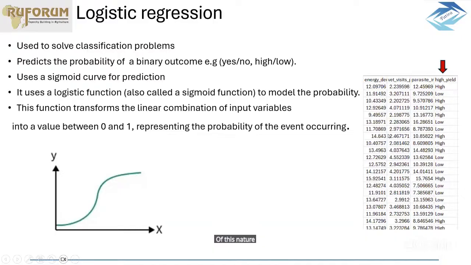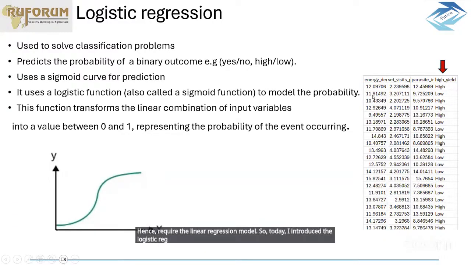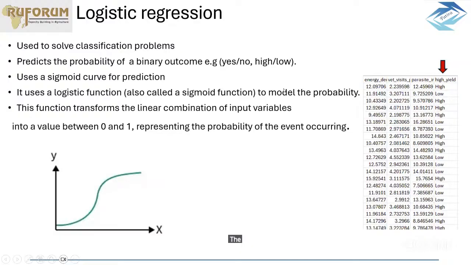And it is very common to actually have this kind of information instead of variables that are numeric in nature, which require the linear regression model. So today I introduce the logistic regression model. The logistic regression model is a model that helps us to solve classification problems.